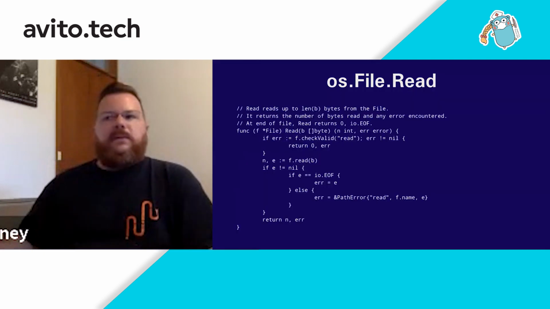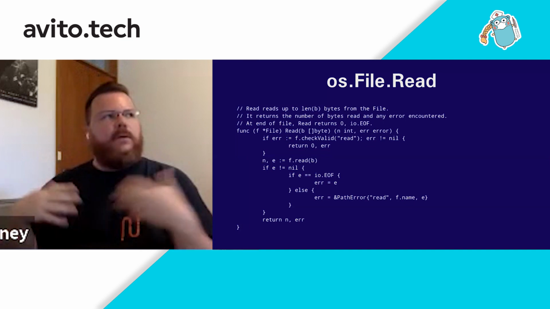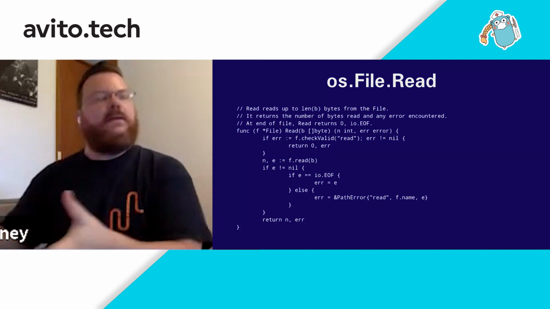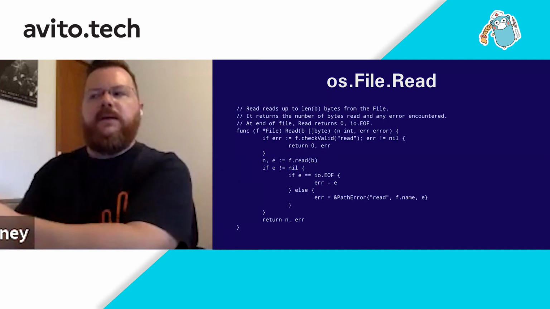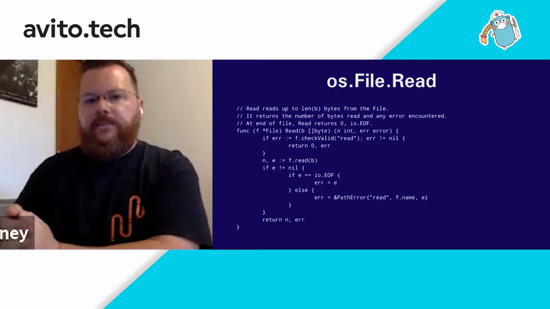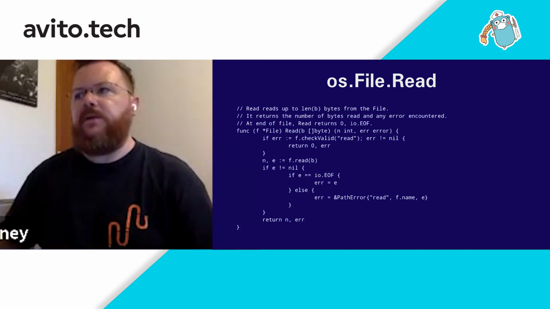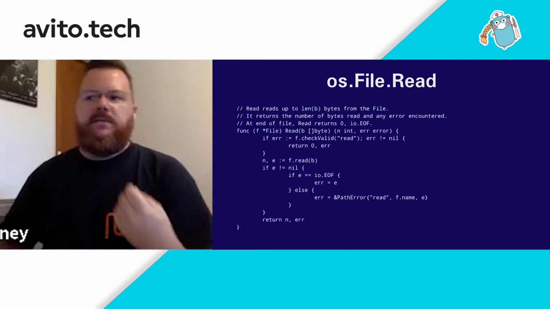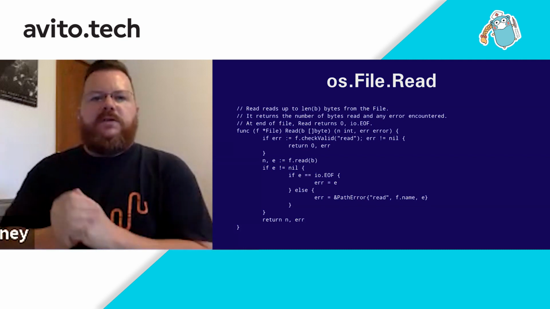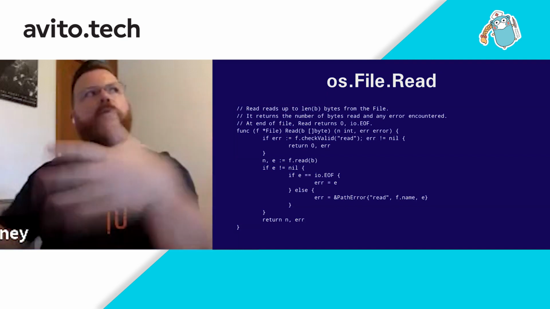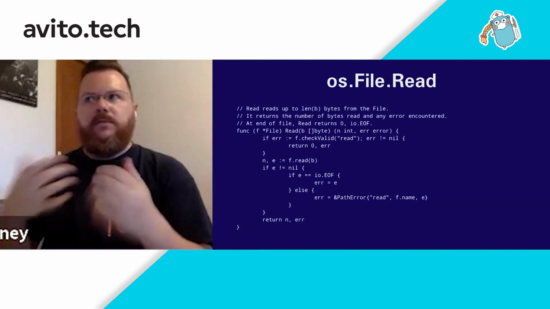There are no interfaces involved in here, so we know exactly what function f.Read is. It's this bit of code from the standard library, which does some checks and then calls this lowercase read, which eventually falls down through a few more layers to the read syscall.